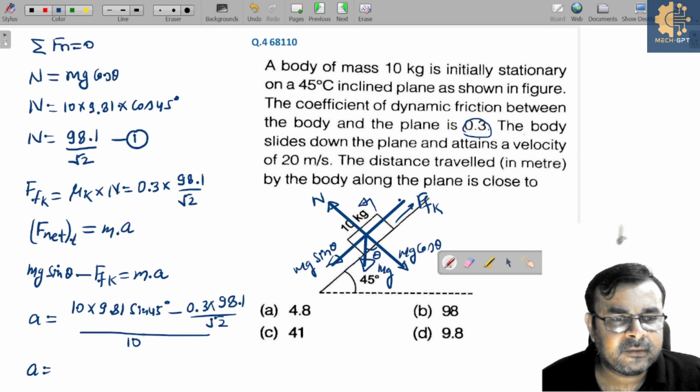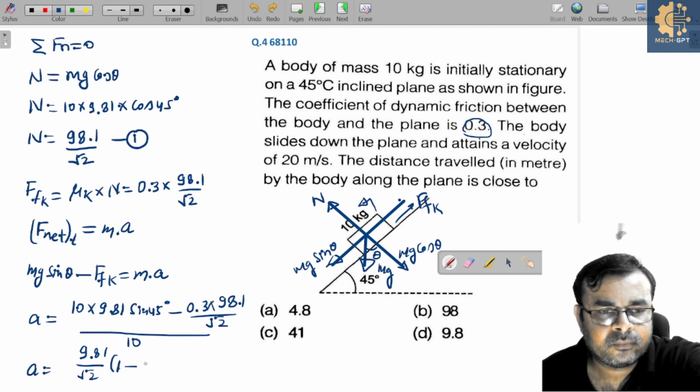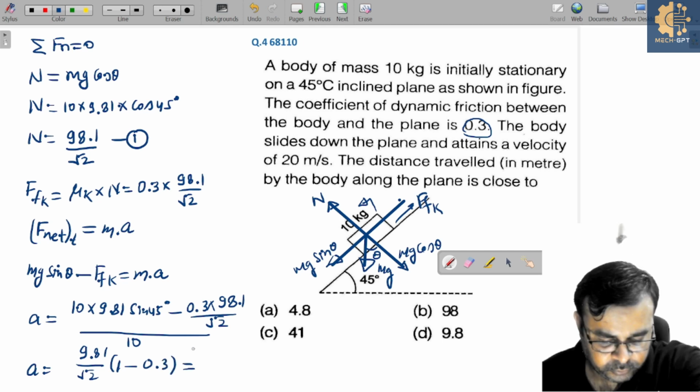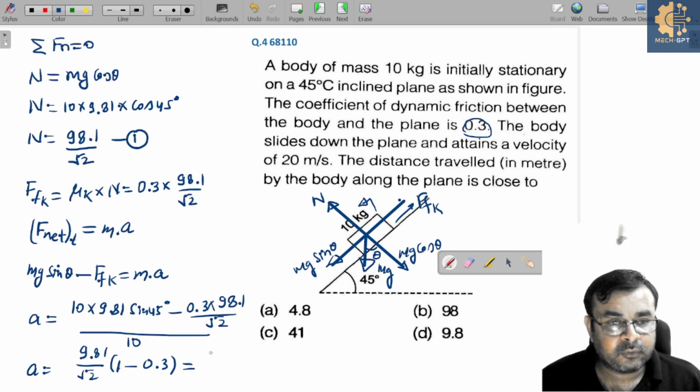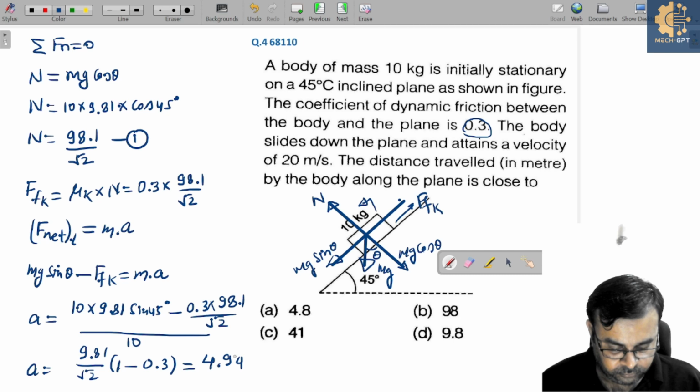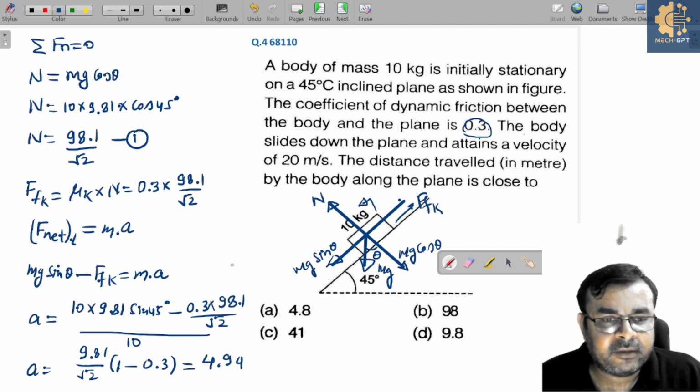So from this you will get 9.81 by root 2 into 1 minus 0.3. And if you solve this, then you will get acceleration is equal to 4.94. Correct? 4.94 meter per second square.